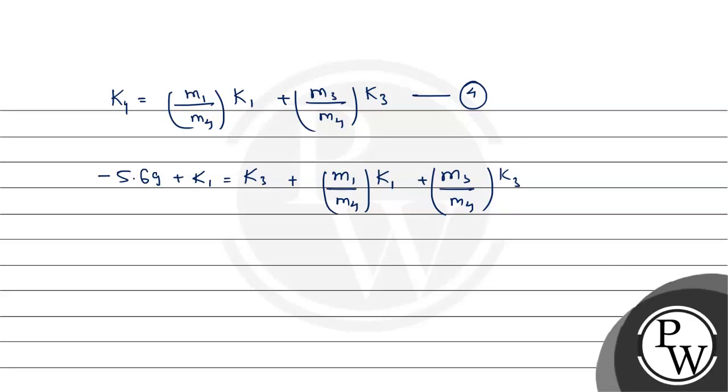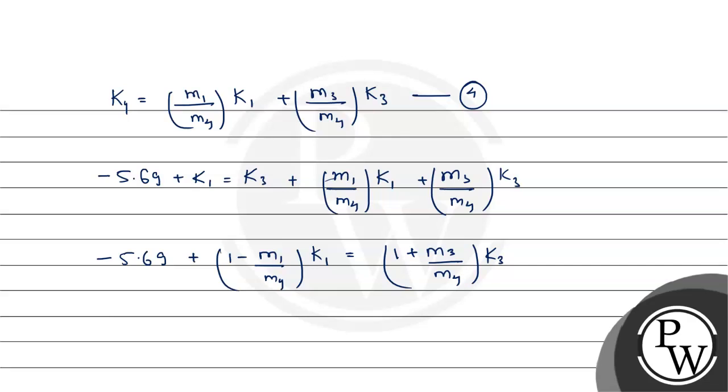Solving it for k3, we have minus 5.69 plus 1 minus m1 upon m4 times k1 must be equal to 1 plus m3 upon m4 times k3.